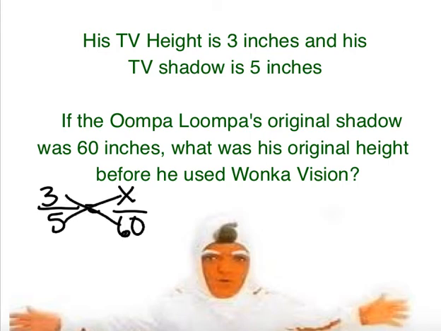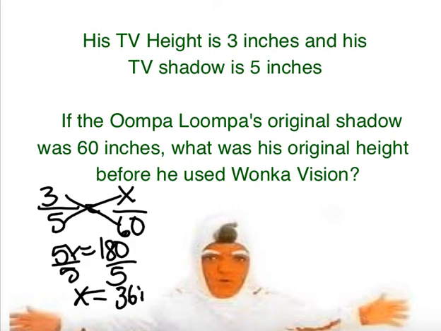So I'm going to cross multiply and get 5x equals 180, divide by 5, and see that x equals 36. The Oompa Loompa is 36 inches in reality.